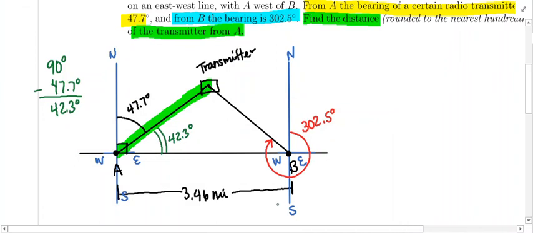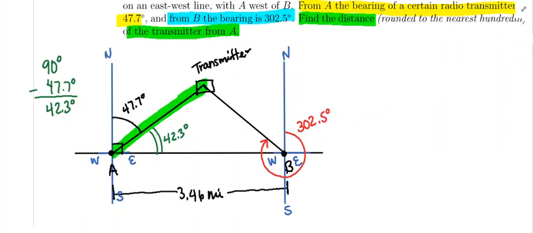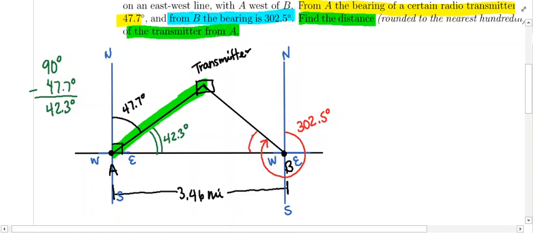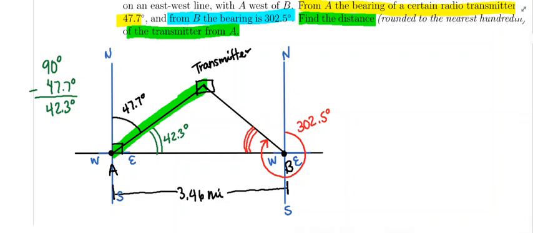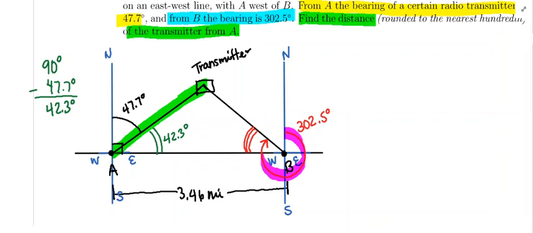We can use the bearing at B to figure out this red angle right here. If we align ourselves with due north and go all the way around to this line, that's 302.5 degrees. But if I start here and go all the way around through three of the quadrants, that's 270 degrees.